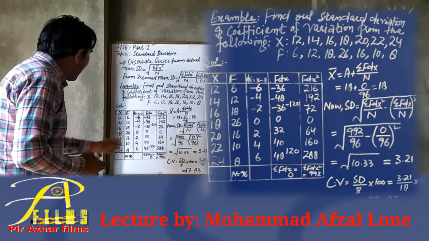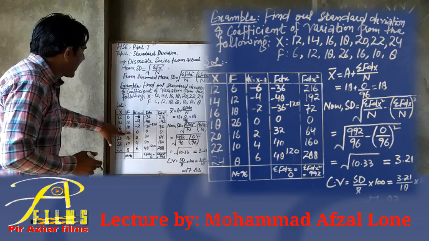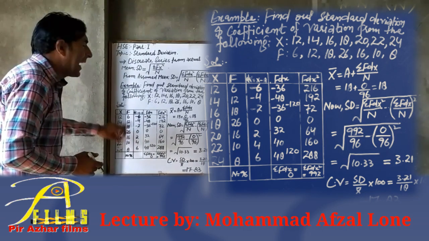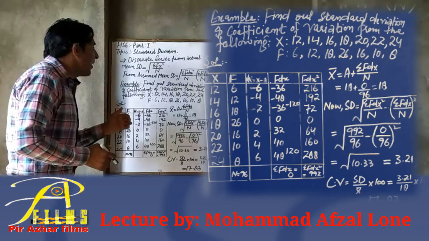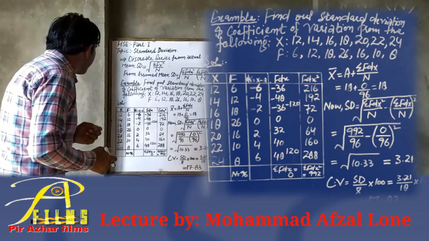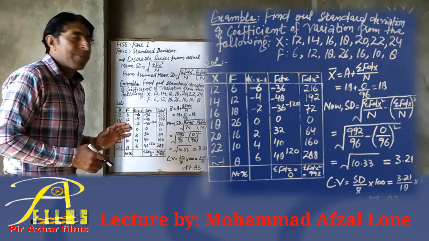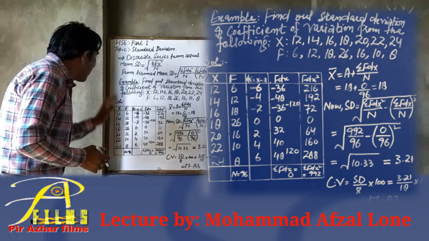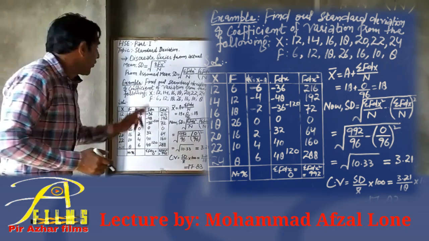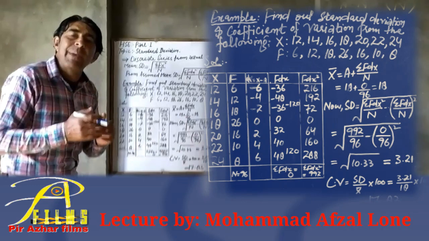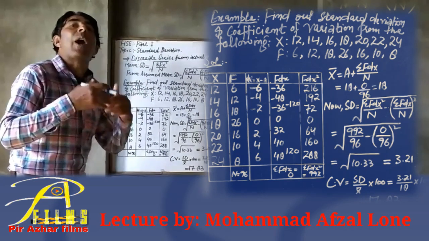Let's calculate n first. 6 plus 12 plus 18 plus 26 plus 16 plus 10 plus 8. N is equal to 96. And then dx, we have the assumed mean here. We are taking the assumed mean as 18. So we have to subtract this 18 from all values of x to get dx. dx means deviations from x.